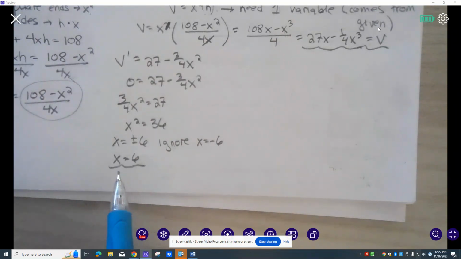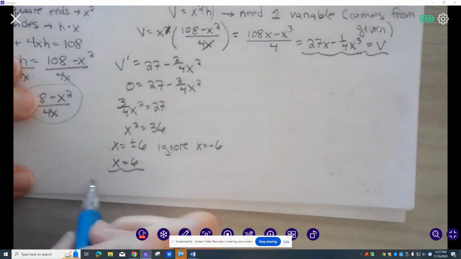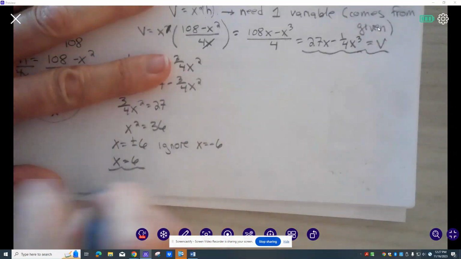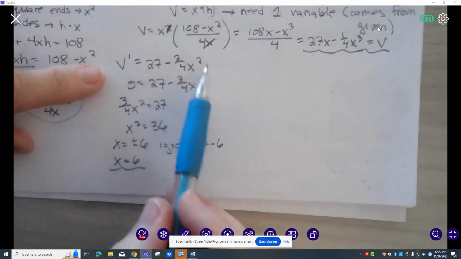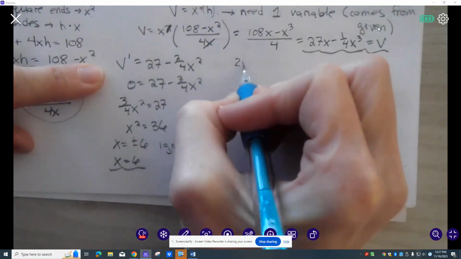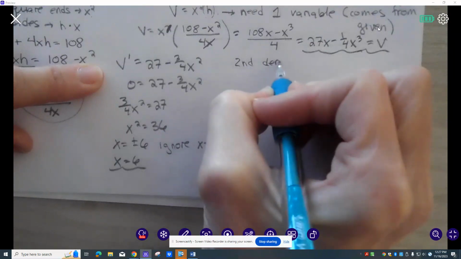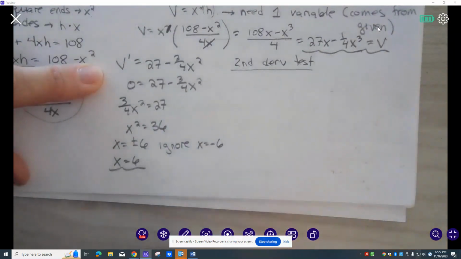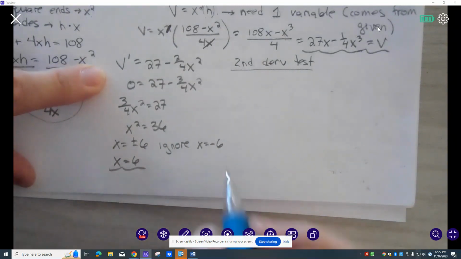You can do the first derivative test with a sign chart, checking whether we're increasing and then decreasing. But I'm noticing I can take the second derivative, so I'm going to do the second derivative test and see if I'm concave up or concave down at x equals 6.